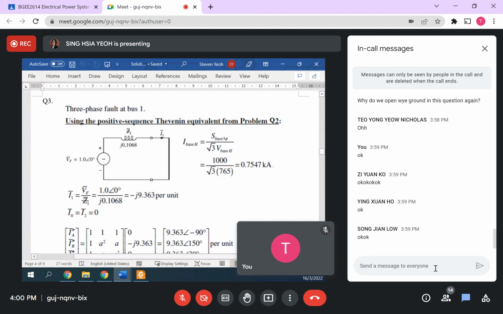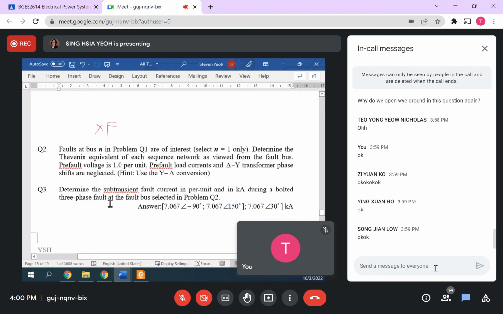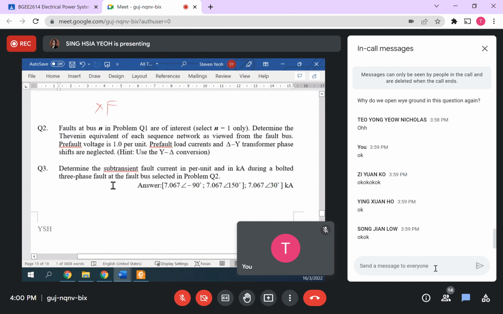Question 3 is actually a symmetrical fault. A three-phase bus fault means all three phases are shorted together, so it is a symmetrical fault, not an unsymmetrical fault like single line to ground, double line to ground, or line to line fault. Calculate the fault current in PU and in kA.